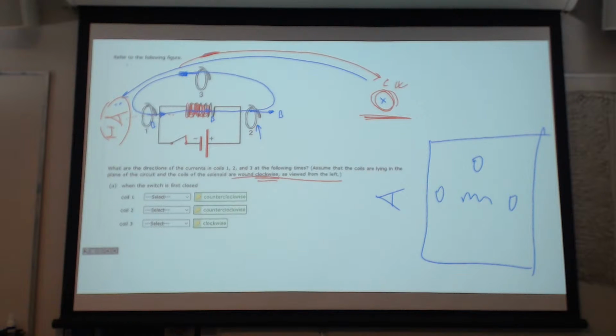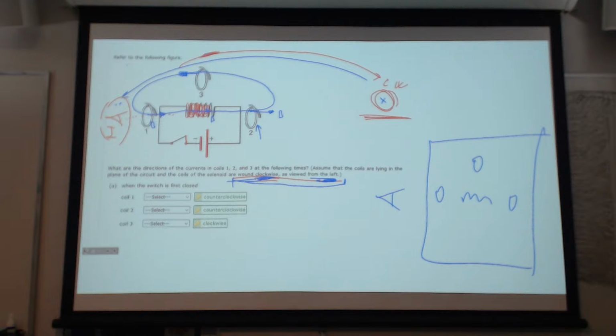Because you have to say what the problem requires you to say. It says, if you look from the left, the current will follow the winding, the turns of the solenoid, and those are clockwise. So then from the left, current is into the page.